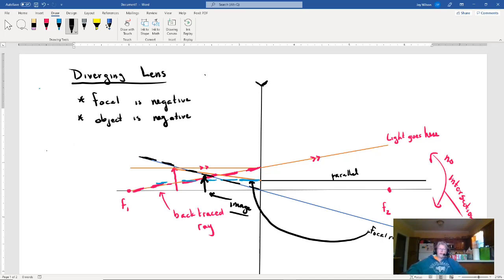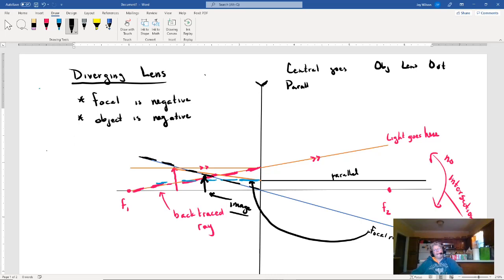This is the harder one to deal with because you have to pay attention to what happens. So our order of these: the central is just the same. Central goes object, lens, out.